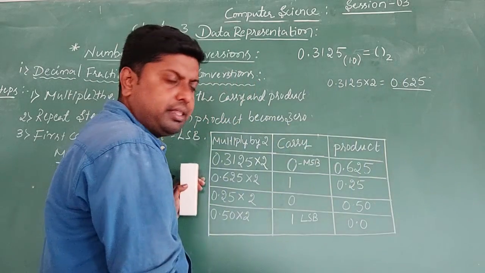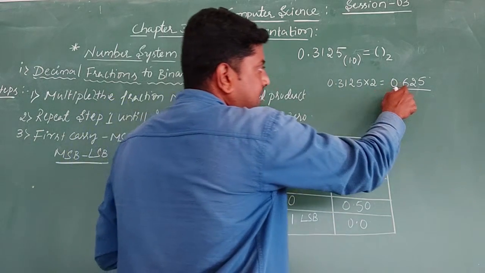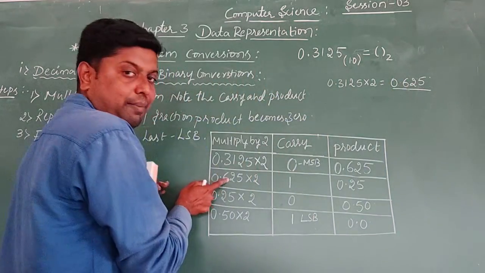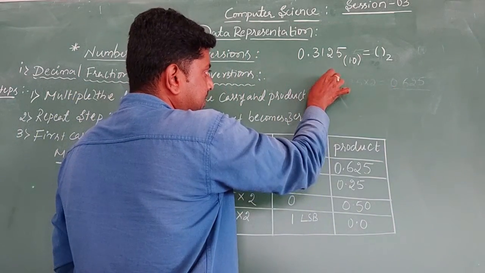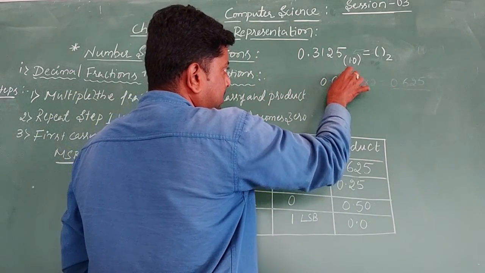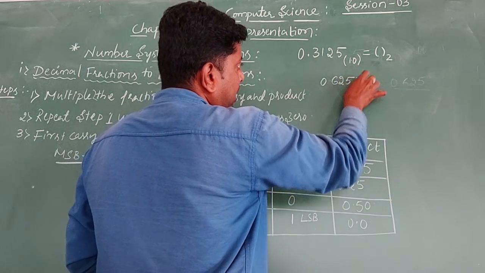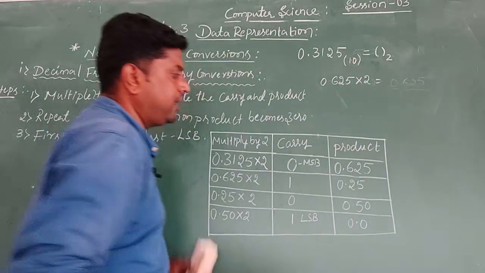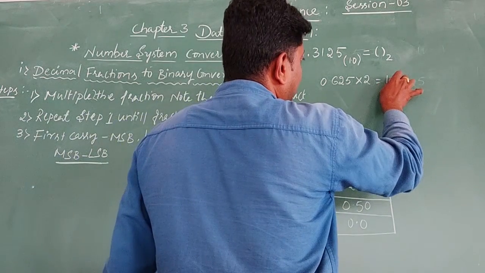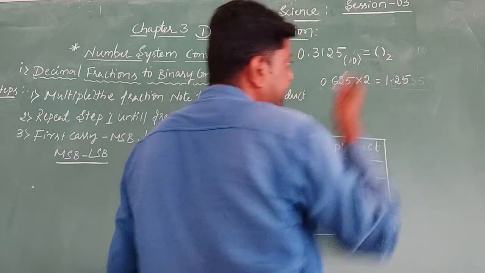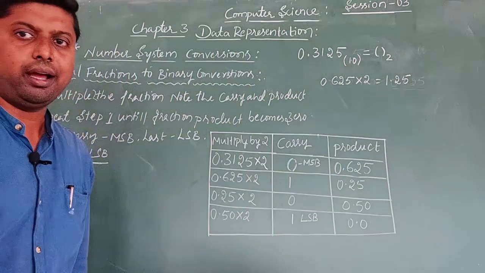Okay. Then in the second step, I will consider 0.625 as the input. Then what answer will you get? See here, 0.625 into 2. What is the answer? The answer is 1.25.